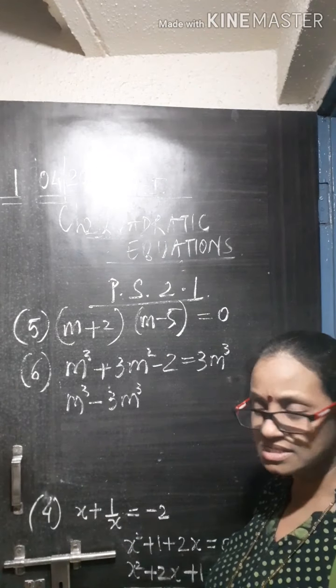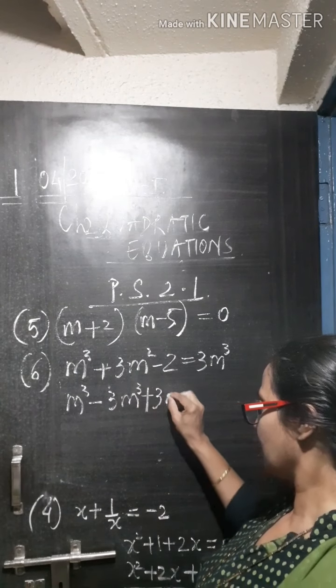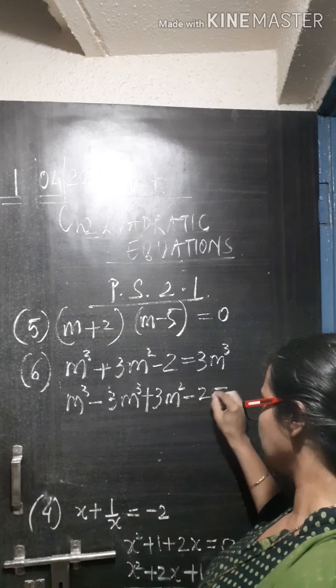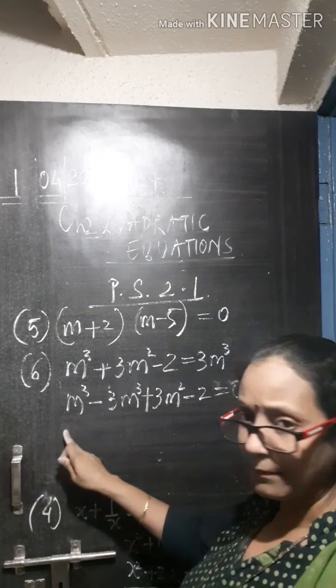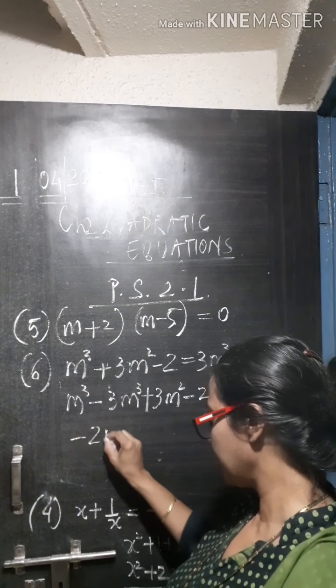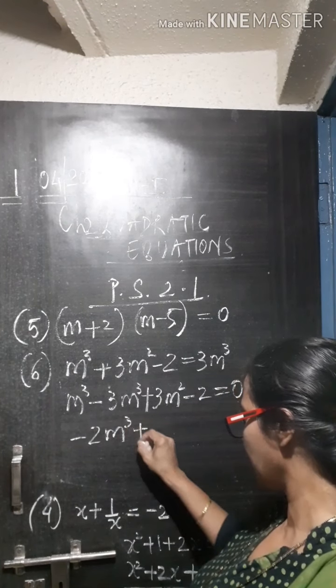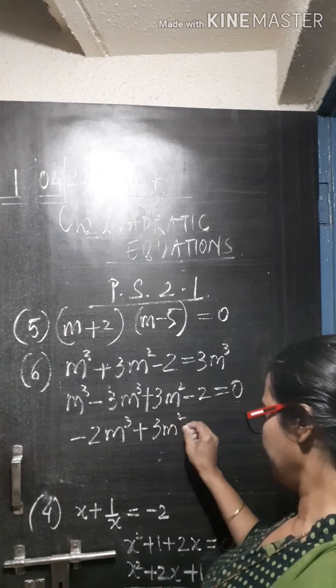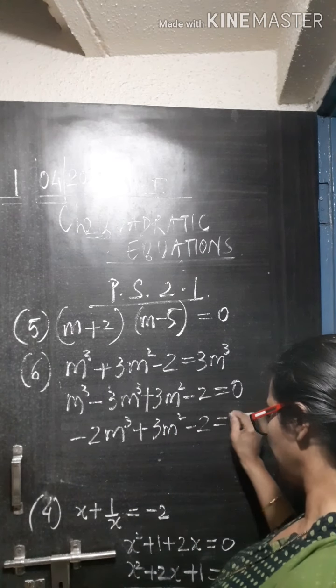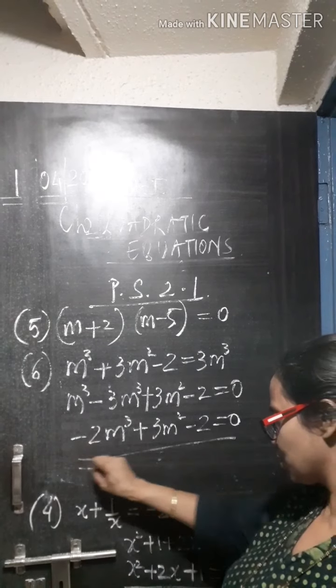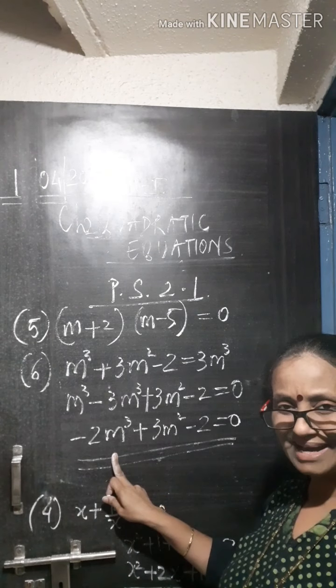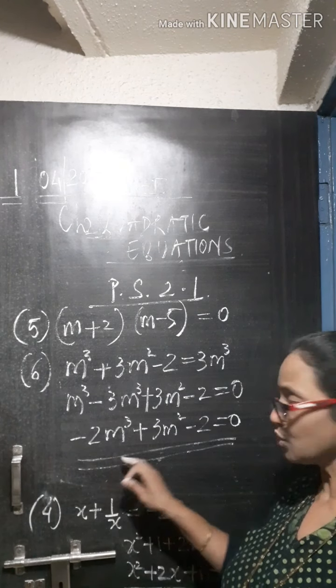By solving this, we are not going to get any quadratic equation, right? Just m cube, we are going to get it together and arrange them in the ascending order of polynomial. That shows again we come to the conclusion, the maximum index is 3, and therefore it is not a quadratic equation.